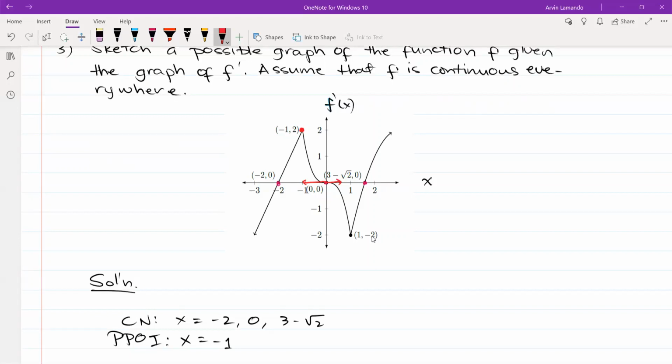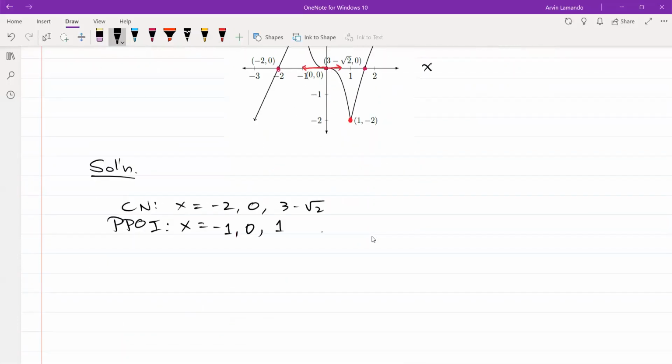So f double prime at x equals 0 is 0. Therefore, it's a possible point of inflection. And we also have a sharp turn at x equals 1. So there's a possible point of inflection at x equals 1 as well.